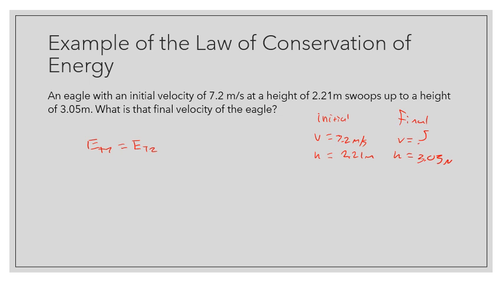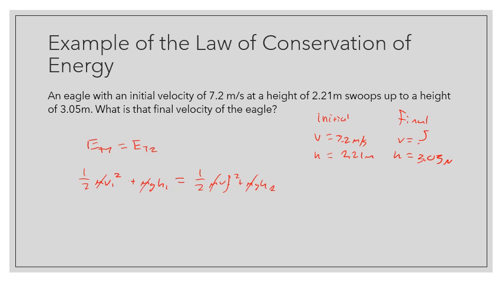So we have the equation ET1 is equal to ET2. So 1/2 mv1 squared plus mgh1 is equal to 1/2 mvf squared plus mgh2. You realize that there's mass in all the terms, so it cancels out, which makes sense because we do not know the mass of the eagle.